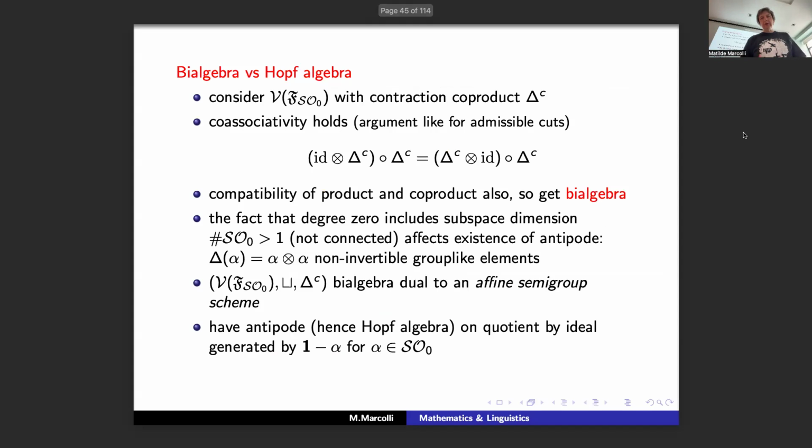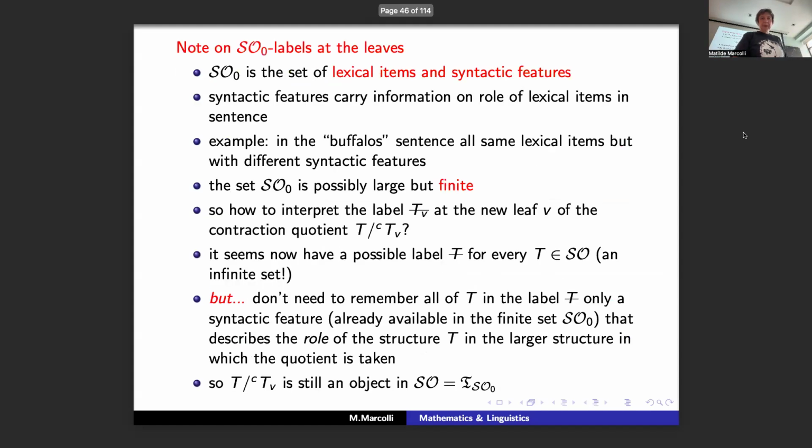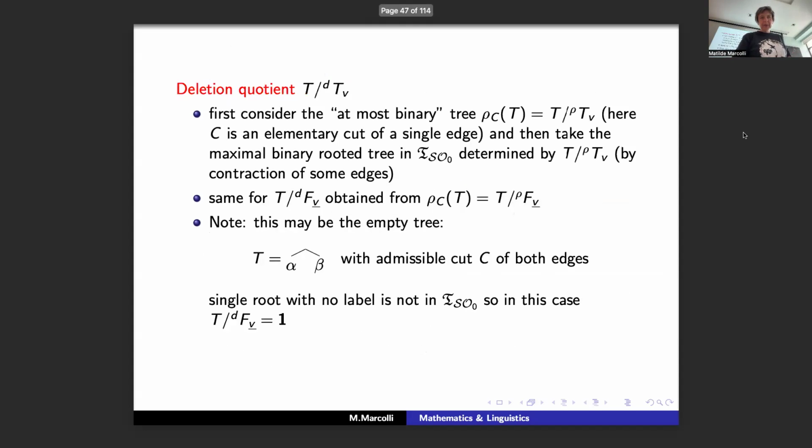But you do have an antipode modulo this ideal where you will just identify all these generators of degree 0 together. So that's the algebraic structure that this kind of quotient determines. It's a bialgebra, and a Hopf algebra modulo this ideal. And yeah, so this was just a comment on the labeling set. And that's where I stopped last time.